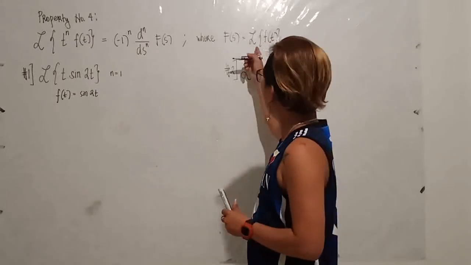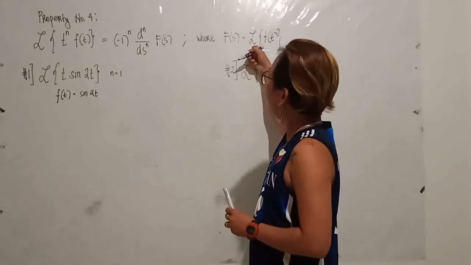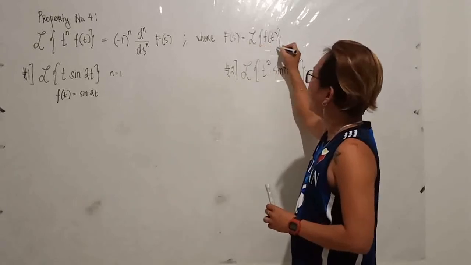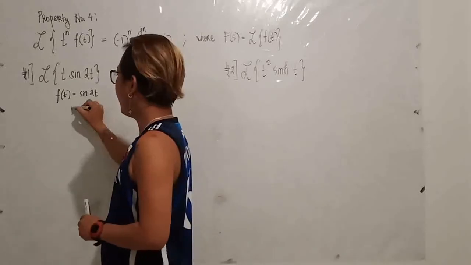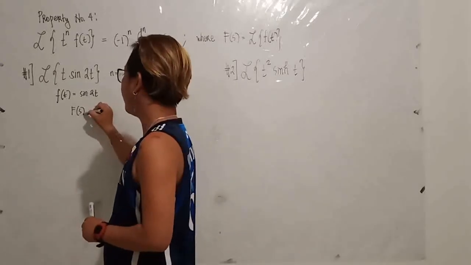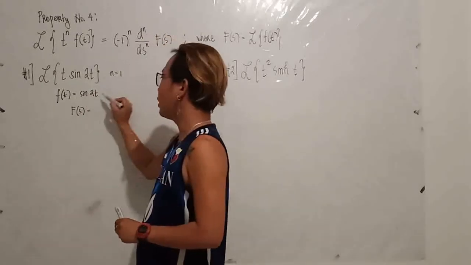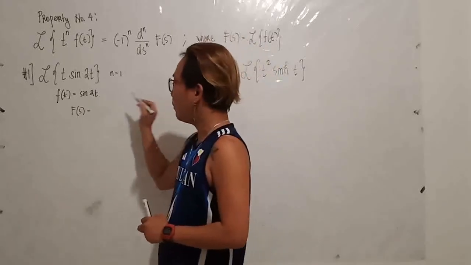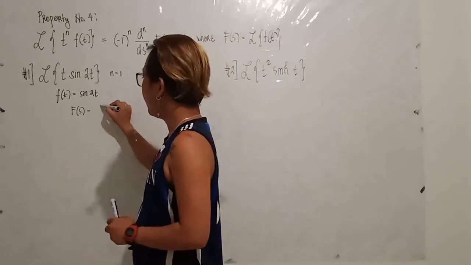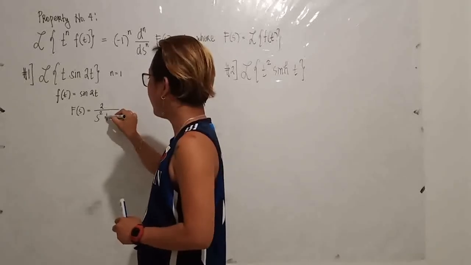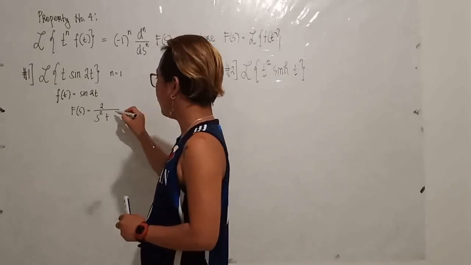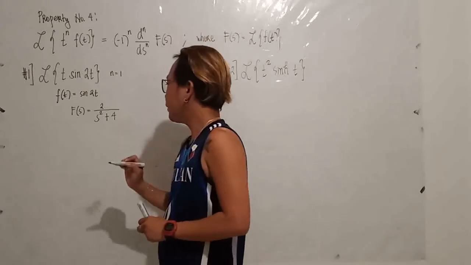But first, you have to get the F of s, wherein F of s is the Laplace of the f of t. Now, getting the value of F of s, you'll just have to take the Laplace transform of sine of 2t. Sine of 2t is 2 over s squared plus a squared, wherein a is 2, so you will have 4.